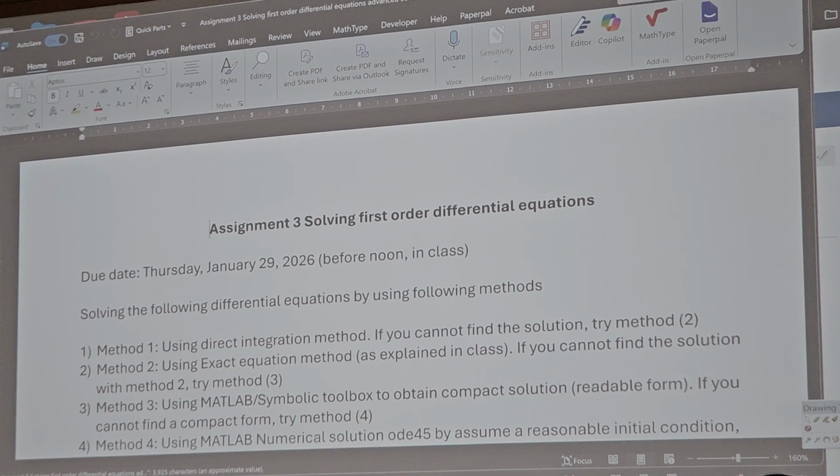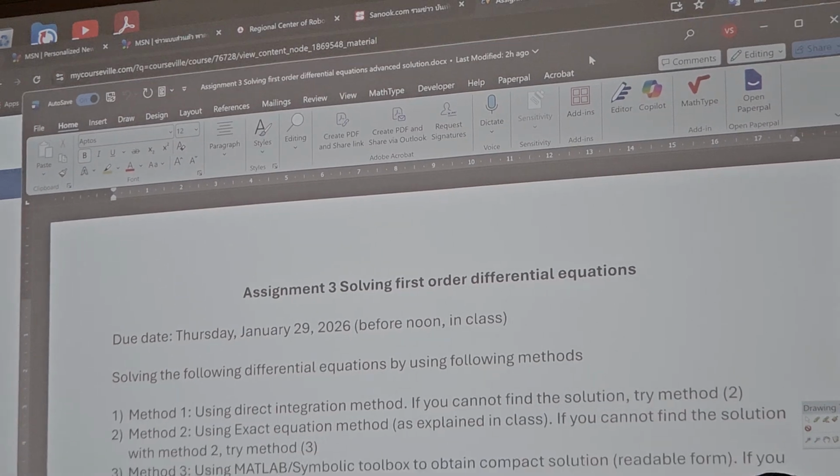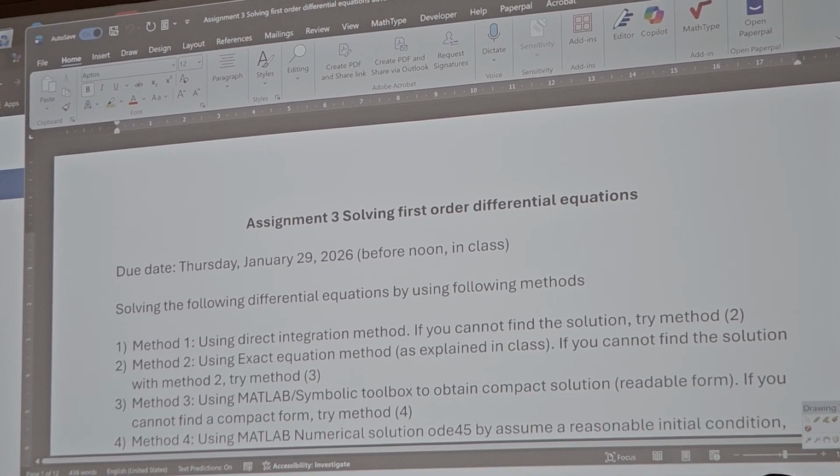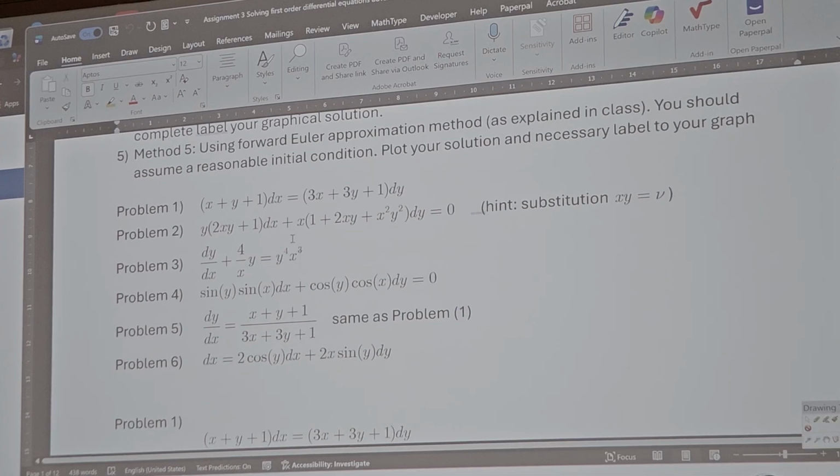Was I can quickly submit in Word form? Yeah, Word and convert to PDF file. Yeah, sorry.